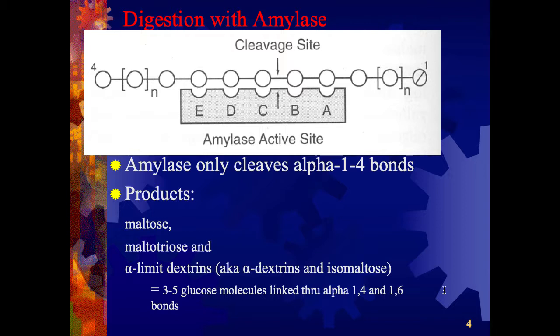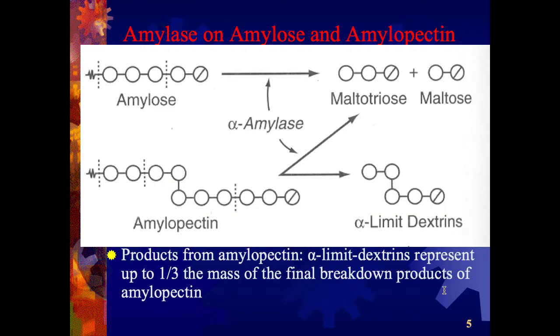Right? So because of the properties of alpha amylase, you don't end up with glucose. You end up with these smaller molecules in amylopectin, but you don't end up with glucose from this. So here's a diagram, and this isn't perfect, but hopefully this will make this easier to understand. So here's alpha amylase's activity on amylose and amylopectin.